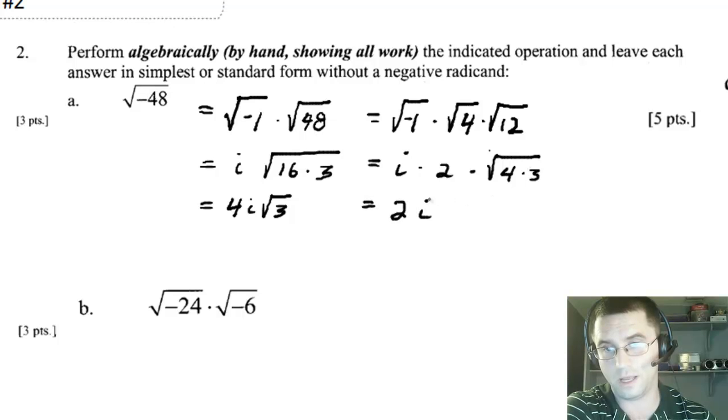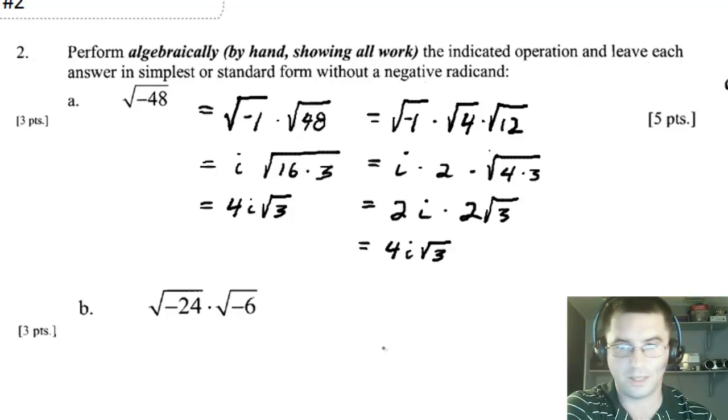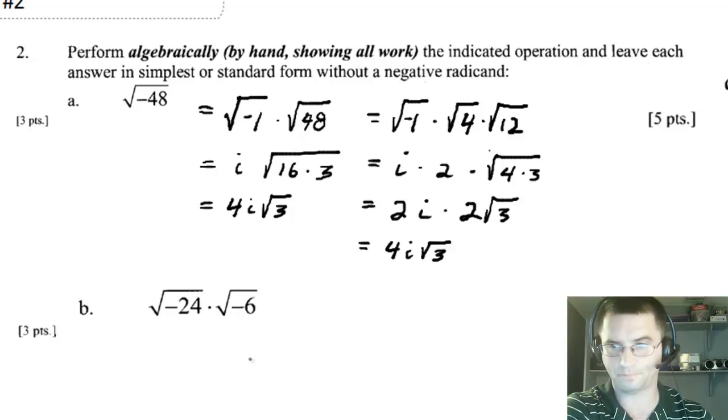So it's 2i times, what's the square root of 4? 2 square roots of 3, which is 4i square roots of 3. So any way you do it, you should get the same answer if you did it correctly.